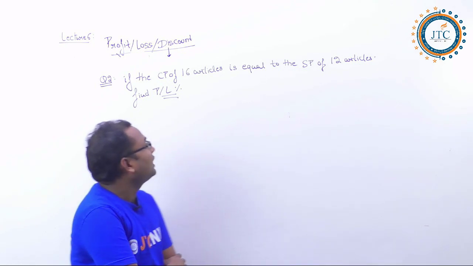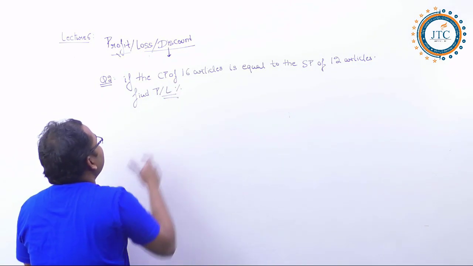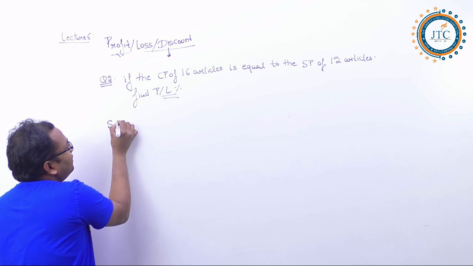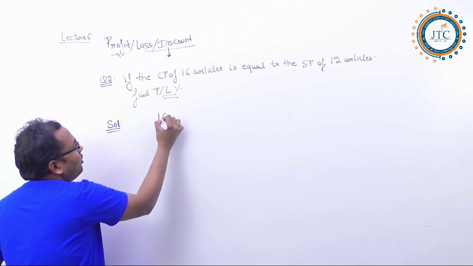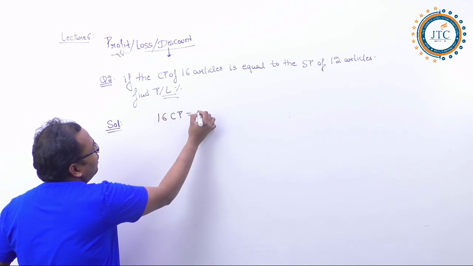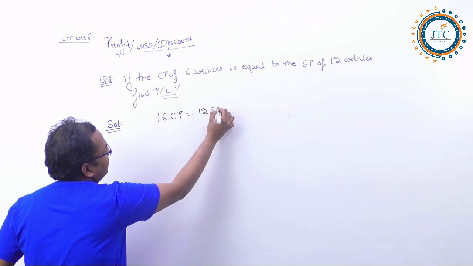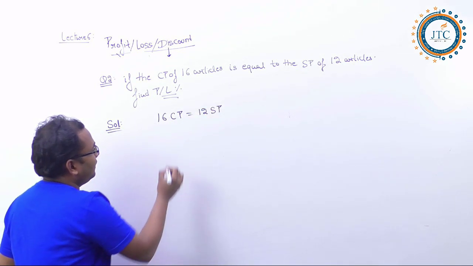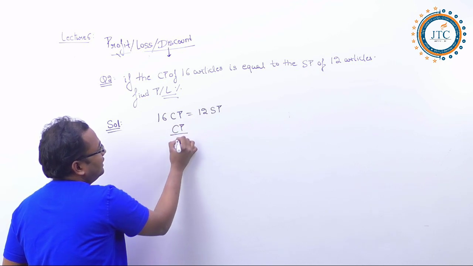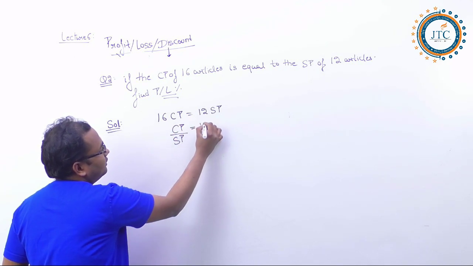So students, start solving here. The basic statement says that the cost price of 16 articles is equal to the selling price of 12 articles. So cost price by selling price is equal to 12 upon 16.